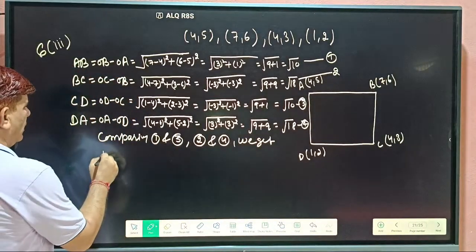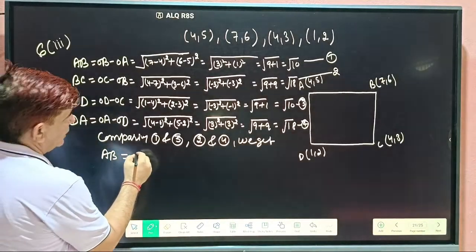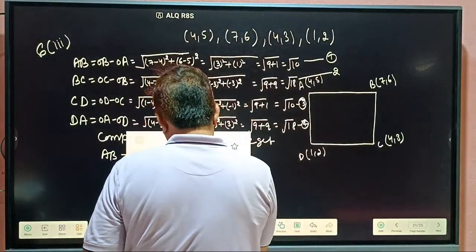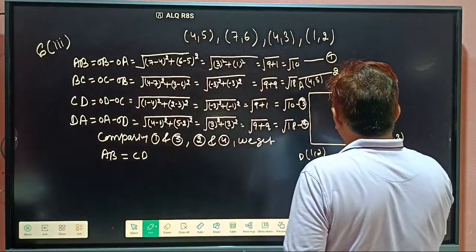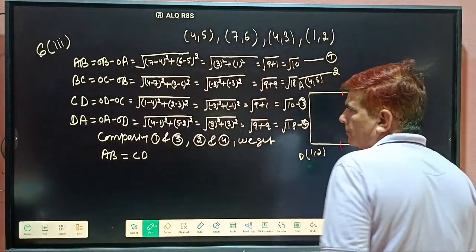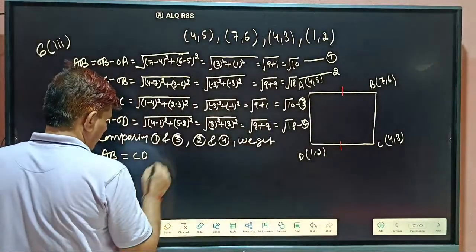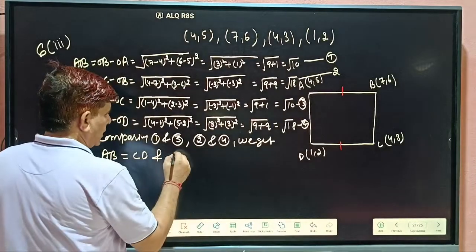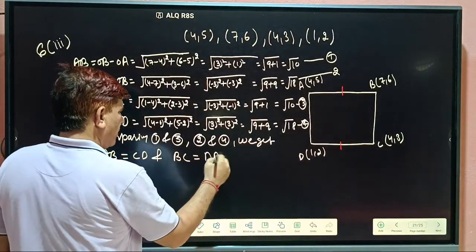So we can say AB equal to CD, and BC equal to DA.